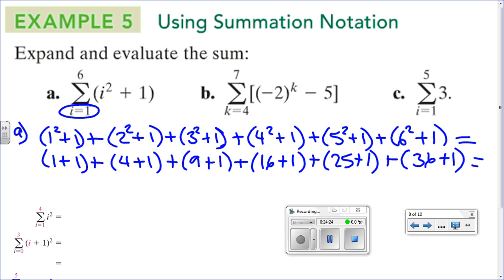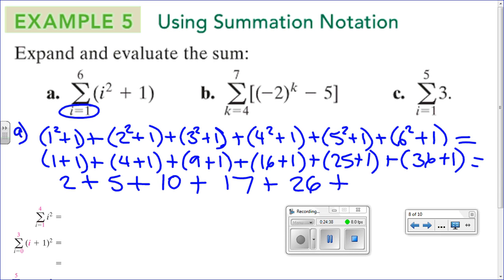Then what can we do? We do what's in parentheses first, so it will be 2 plus 5 plus 10 plus 17 plus 26 plus 37. That's 97, and there we have it.